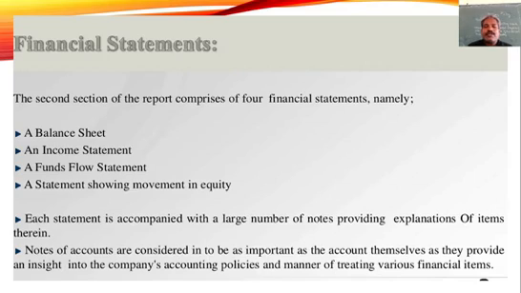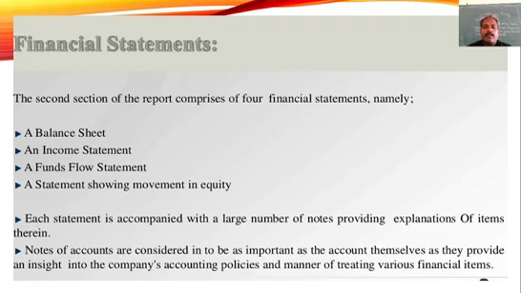Then the second section of the report comprises four financial statements. The first stage is the director's report. The second one is financial statements. So what financial statements are included in the second category? A balance sheet, an income statement, a funds flow statement, and a statement showing movement in equity.